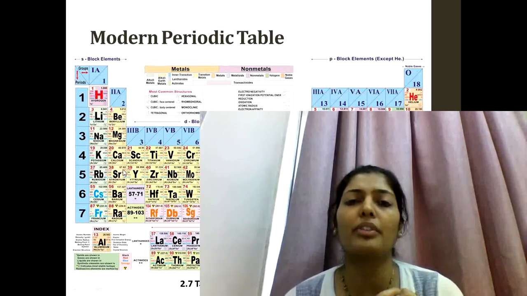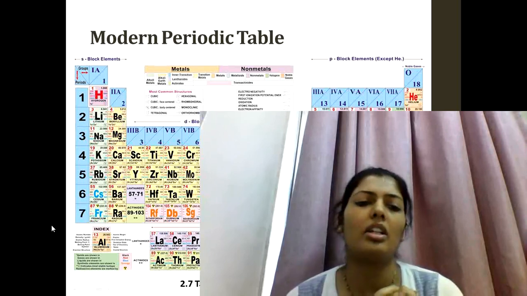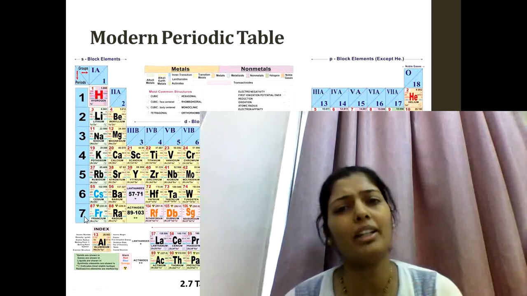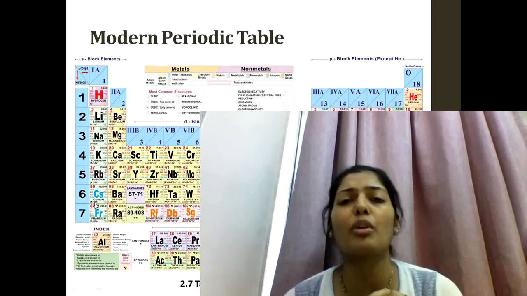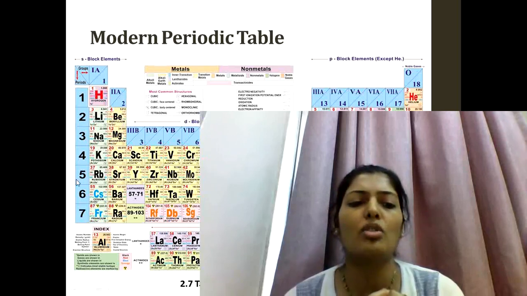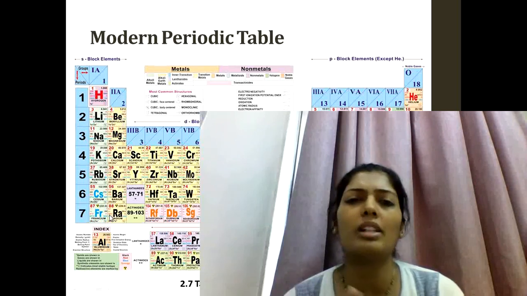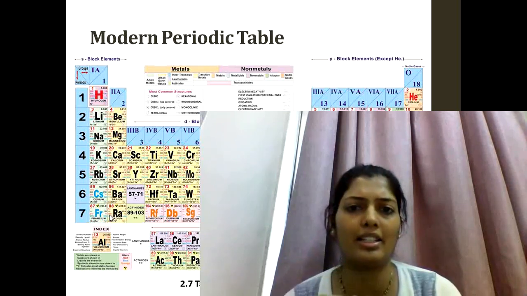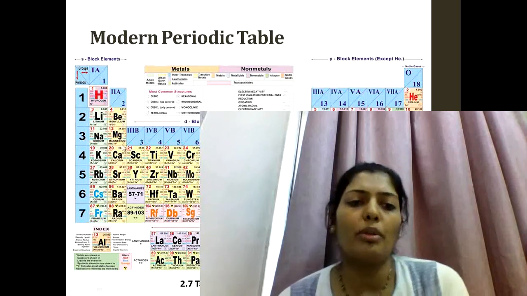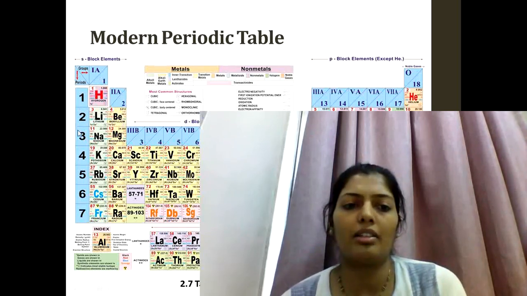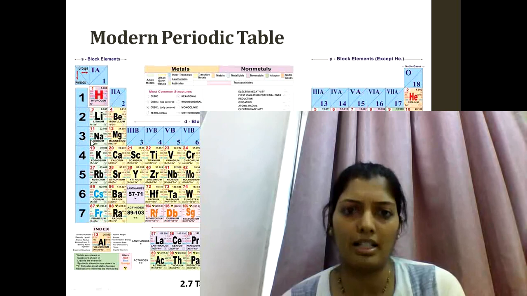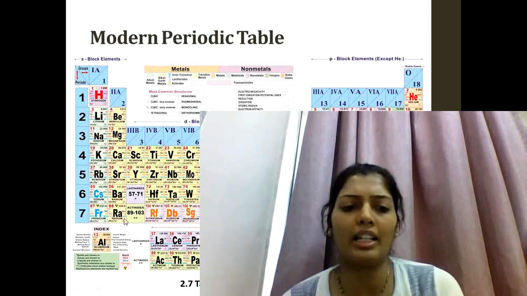The 7th was initially incomplete, and now it is complete with the discovery of 118 elements. The 6th and 7th contain 32 elements each, and they include the lanthanide series and actinide series. So first has 2, second and third have 8, fourth and fifth 18, and then 32.